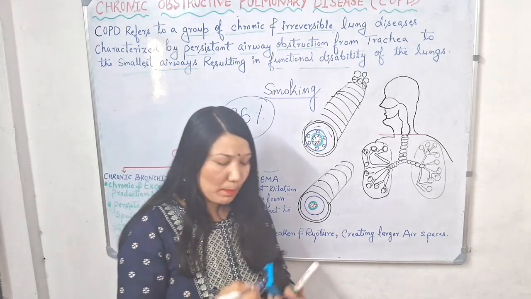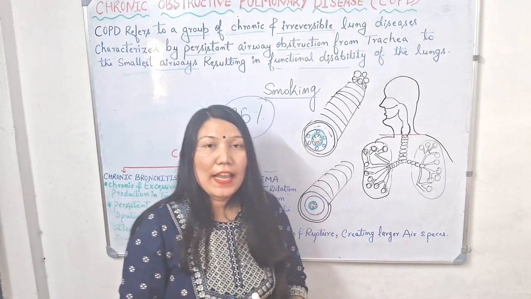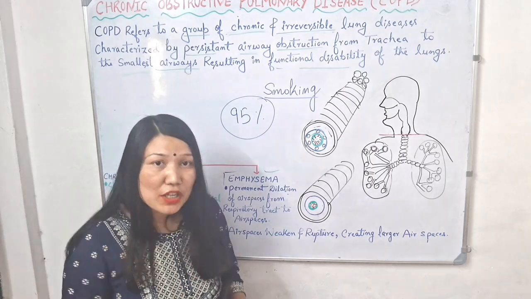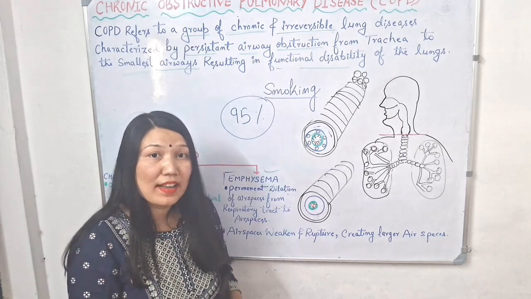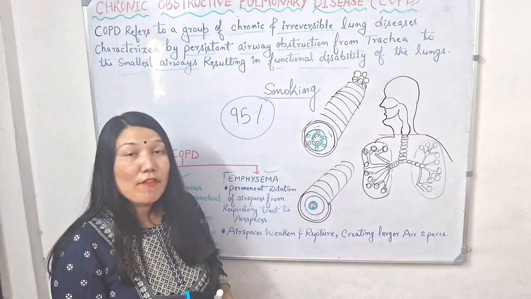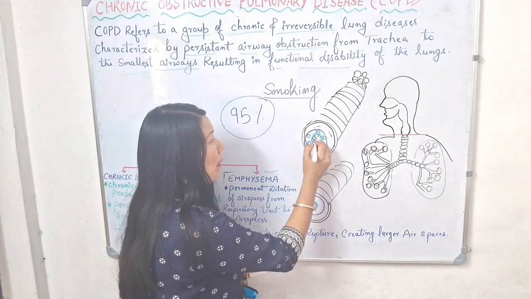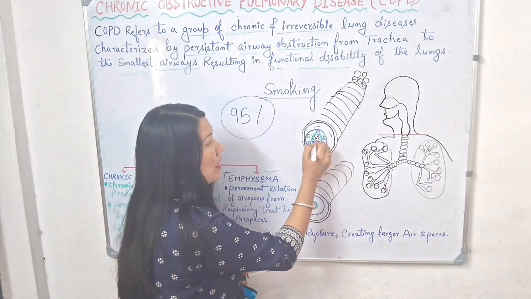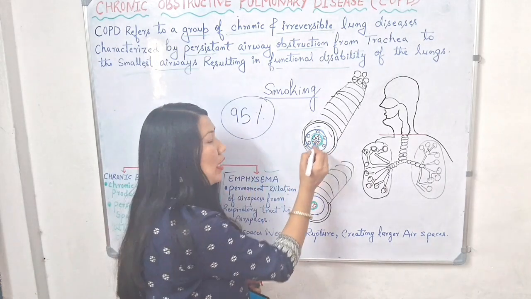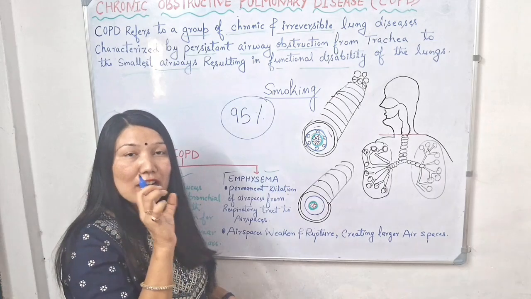What basically happens in the smoking condition? If the person is a persistent, heavy smoker, smoking for a long period of time, a lot of dust and nicotine particles will be present in the lumen, the free space of our trachea.